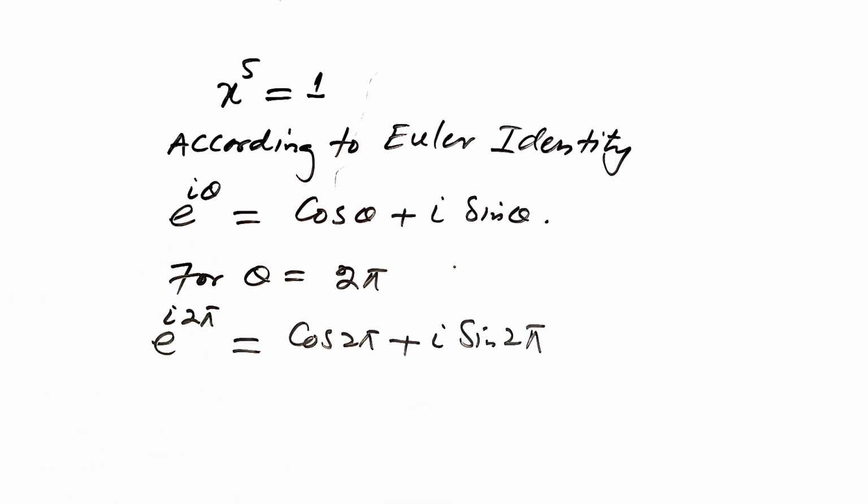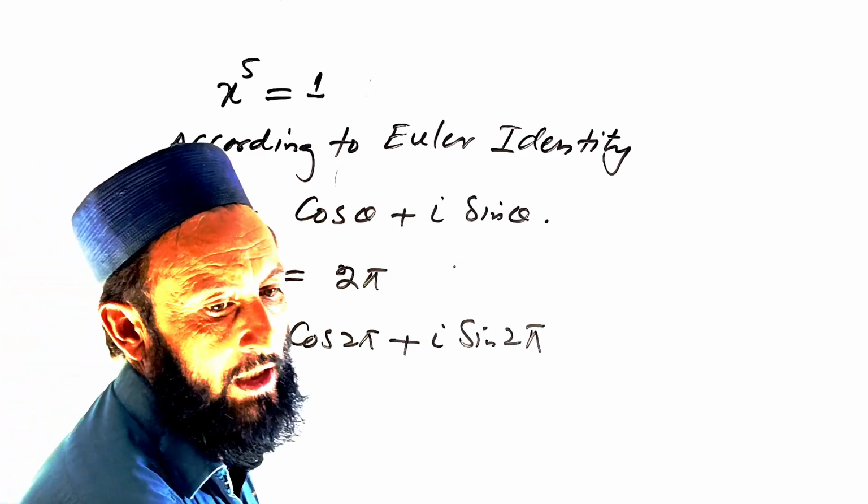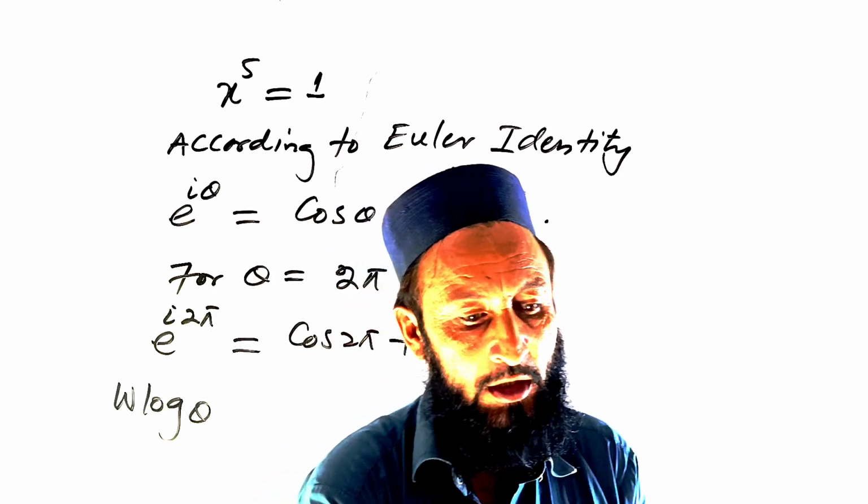Now, according to the other function for the general terms, theta is equal to 2 pi n for the general term if we use it here.